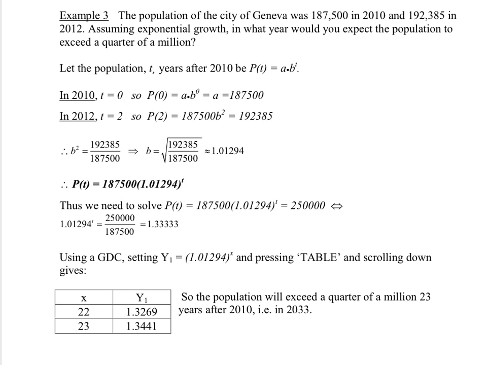Go to your y equals button and enter that. And then go to the top right of your calculator, there's a button that says table. If you scroll far enough down the table, you'll see x equals 22 gives you y1 equal to 1.32, x equals 23 gives you y1 equal to 1.34. So somewhere between 22 and 23 gives you that 1.33.